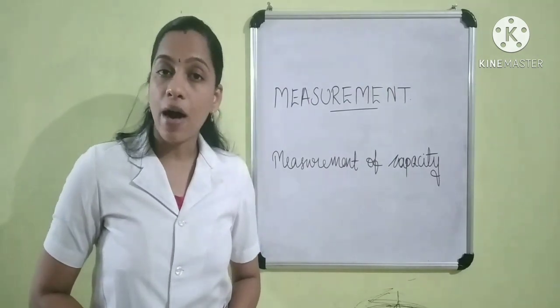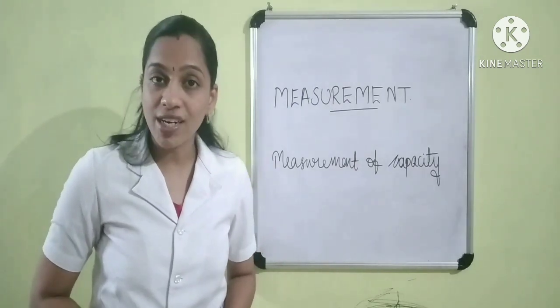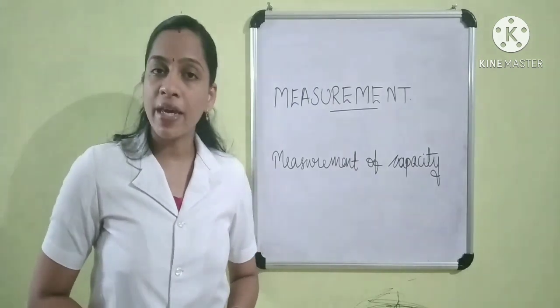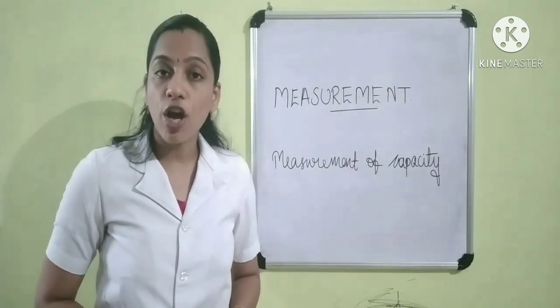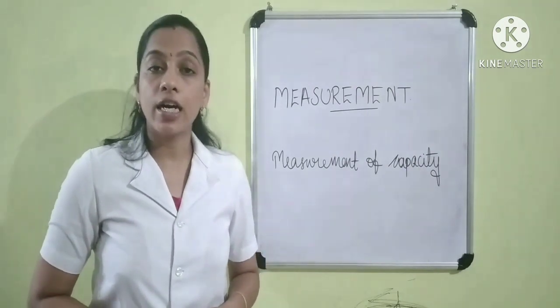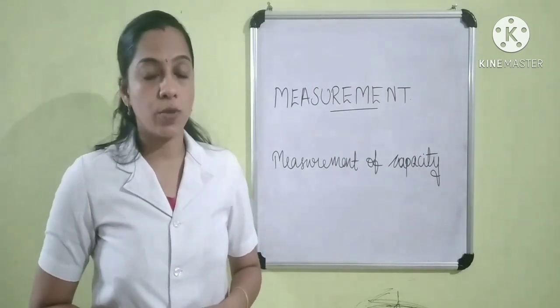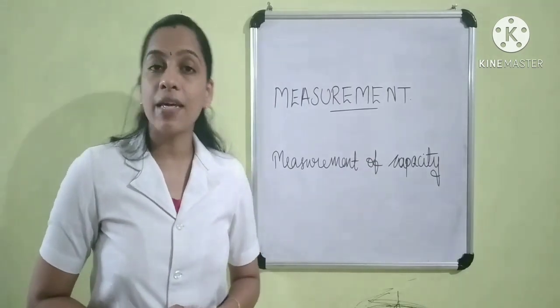We have learned about measurement of length and weight. Right children? Yes. Then tell me, what is length? Length is a measure of how long an object is. We learned two standard units for measuring the length of things. One is centimeter.